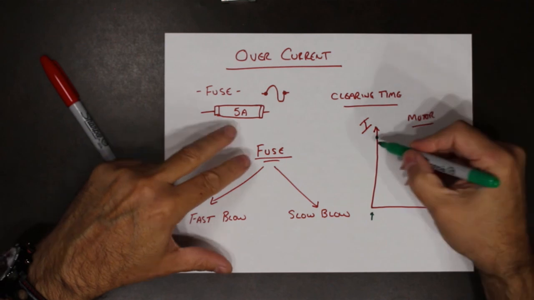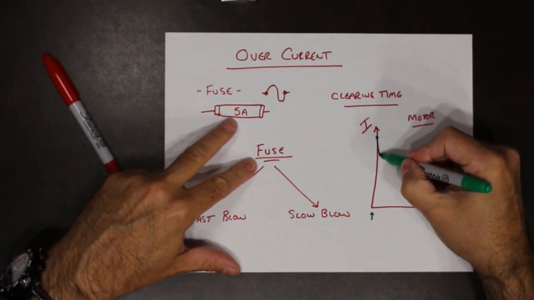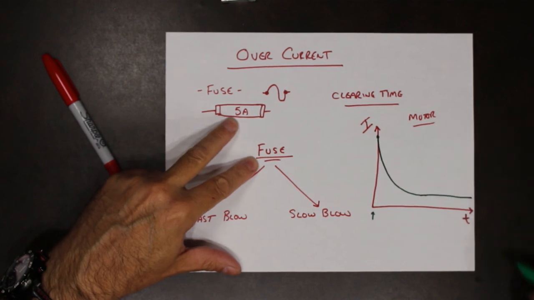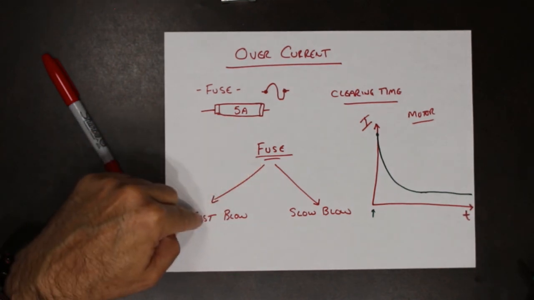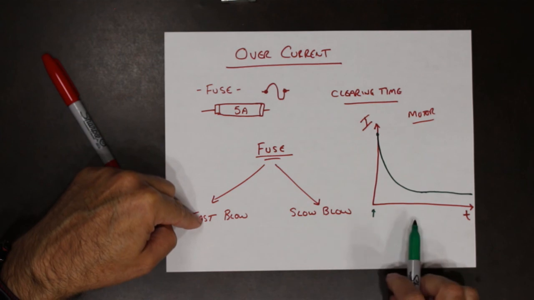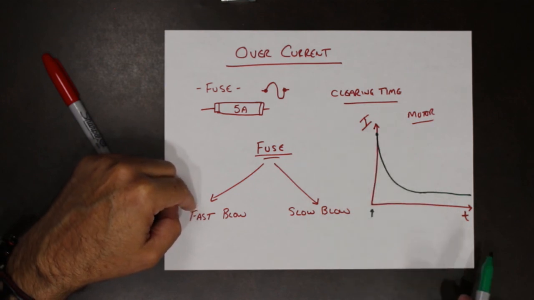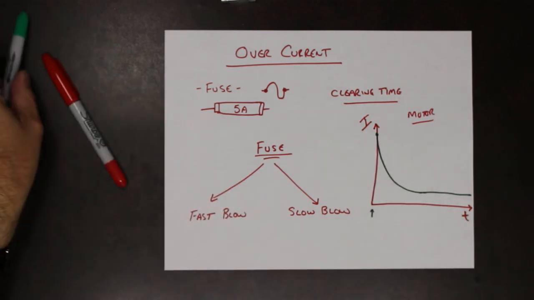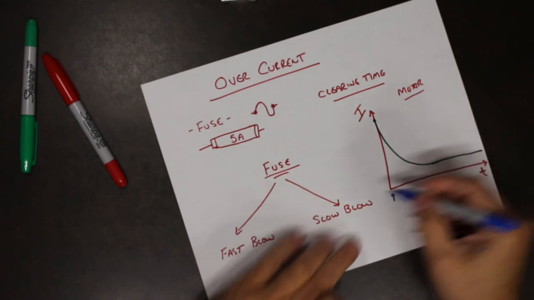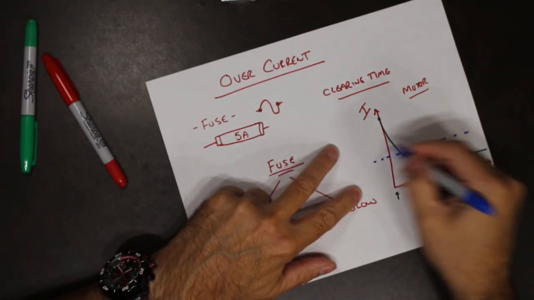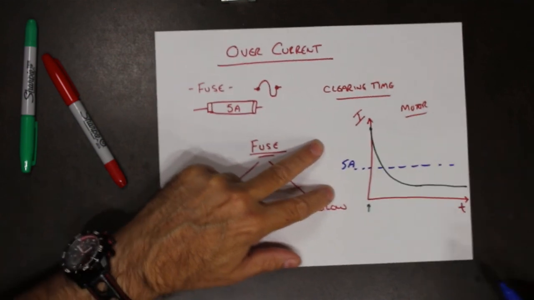But once the motor starts to run, the current actually falls and then levels off. So if I put a fast blow fuse in a motor circuit, every time I turn the motor on, the fuse will blow. So let's pretend if I had my 5 amp example, here we go. Here's 5 amps.